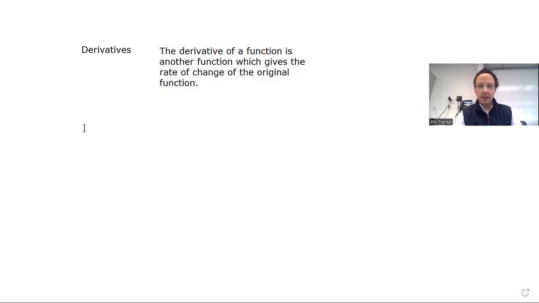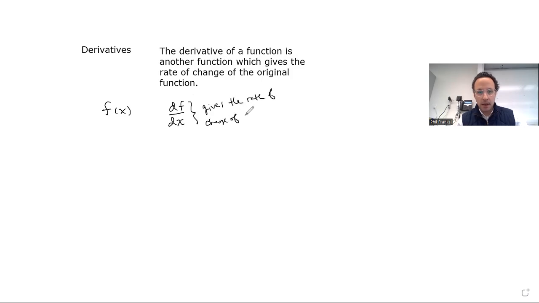And when I say rate of change, I mean the rate at which the original function output varies with respect to changing the input variable. So if I have a function, let's say f of x, then the derivative of f with respect to x is another function that gives the rate of change of the original function, f of x.